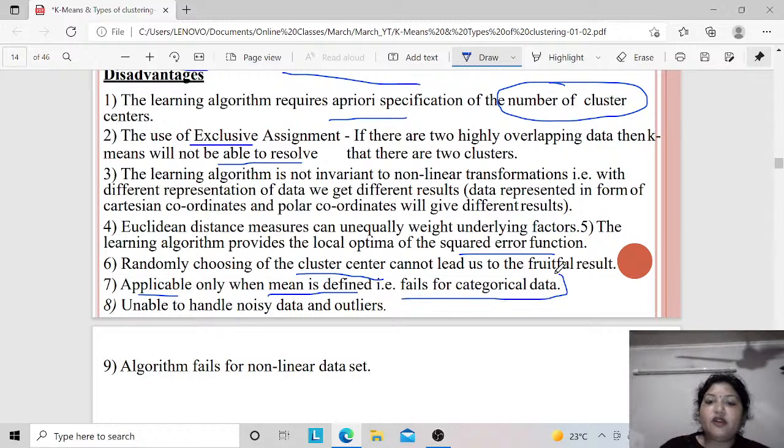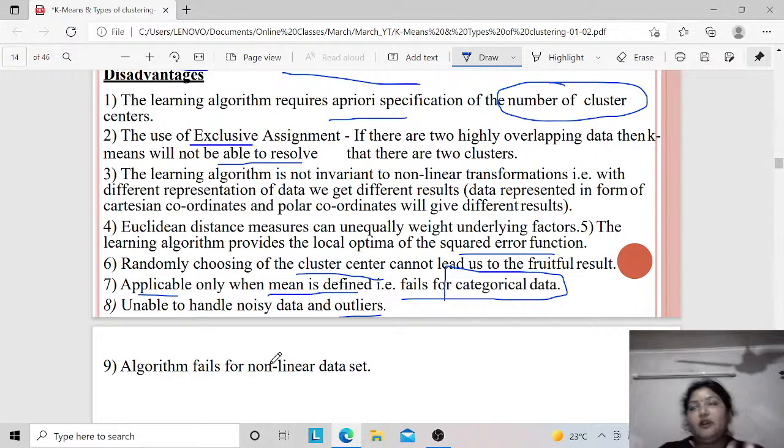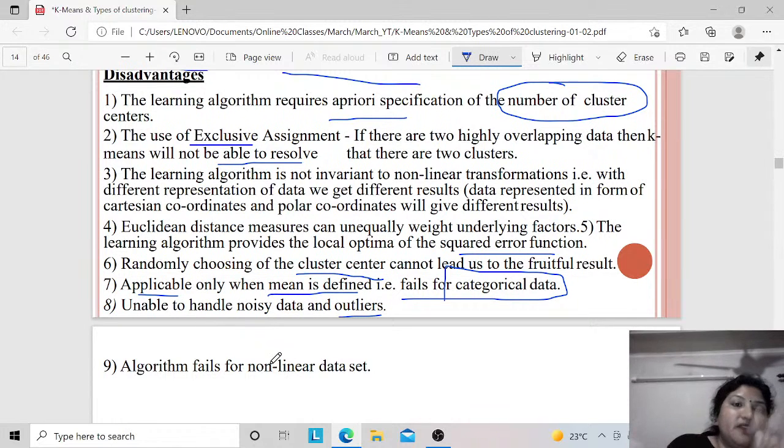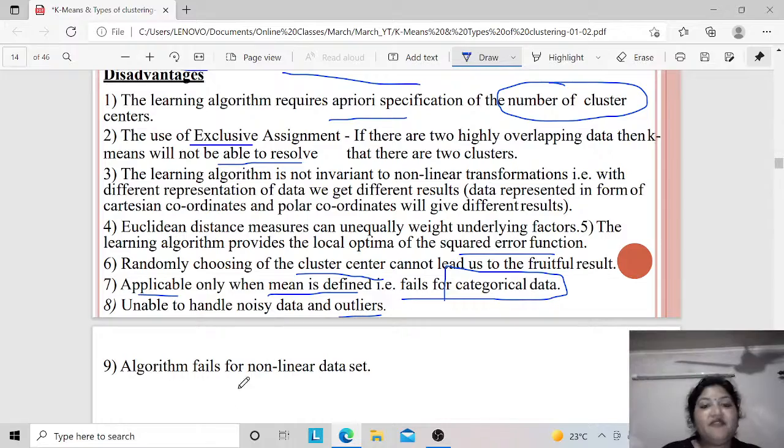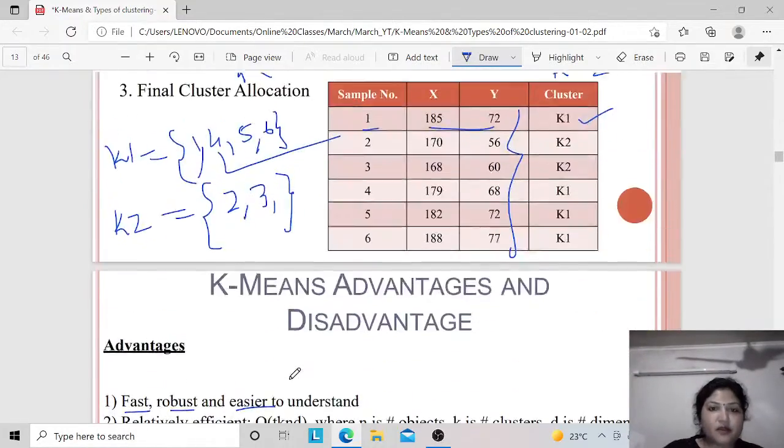Fails for categorical data. Unable to handle noisy data and outliers. Yes, the algorithm fails for non-linear data sets. For every method we can have a number of advantages, but we have disadvantages too.